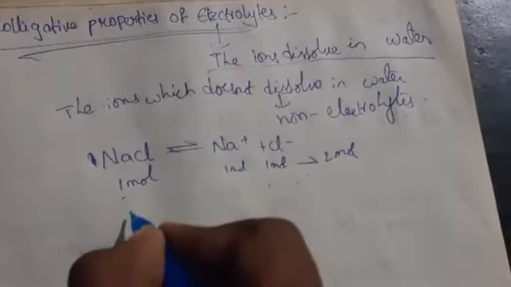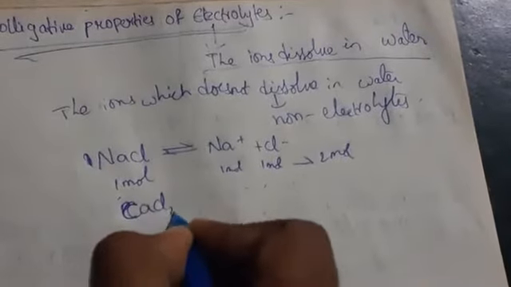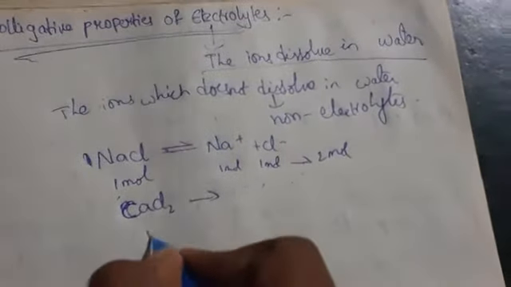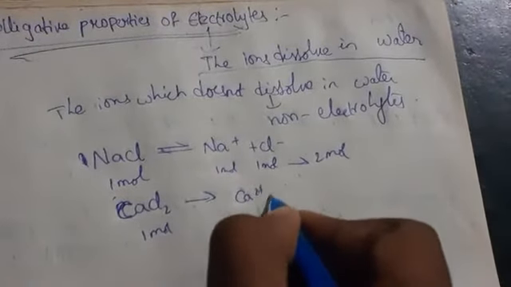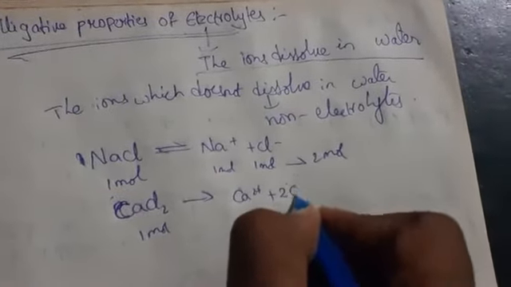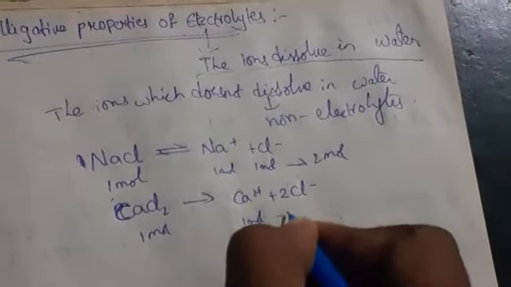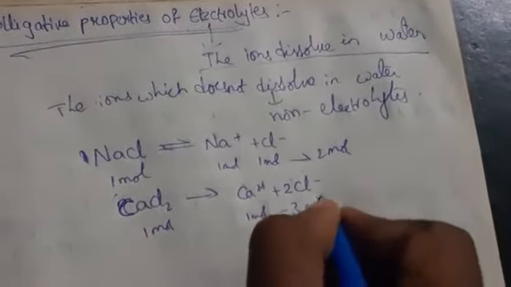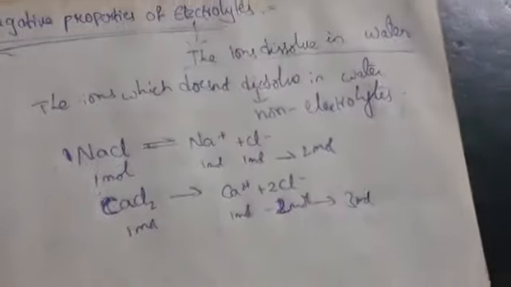In the same way, if we take the example CaCl2, calcium chloride, this is 1 mole, and it is giving Ca2 plus plus 2 Cl minus. Here 1 mole gives 1 mole plus 2 moles, so total 3 moles.